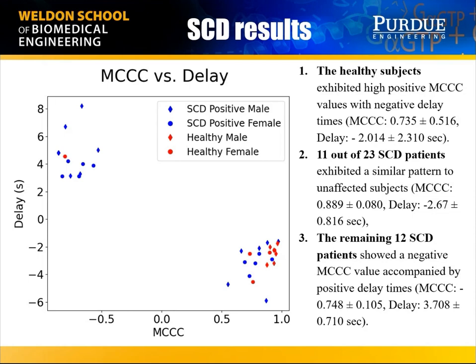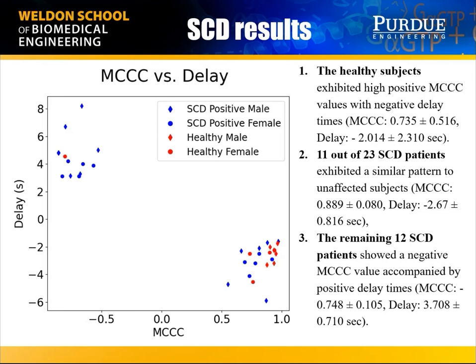These healthy subjects behave exactly like what we predicted. They have very high positive correlation values, which means the superior sagittal sinus and the global mean are positively correlated. And the delay time is about 2 to 4 seconds. That means the blood arrives at the global mean in the brain first, then later reaches the superior sagittal sinus.